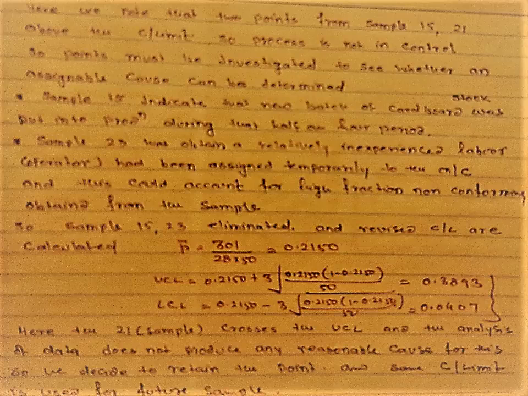Out of 30 we remove two samples, so the total number of samples is 28, and the number of canes collected in every sample is 50.